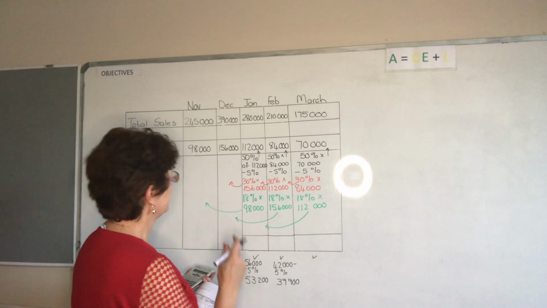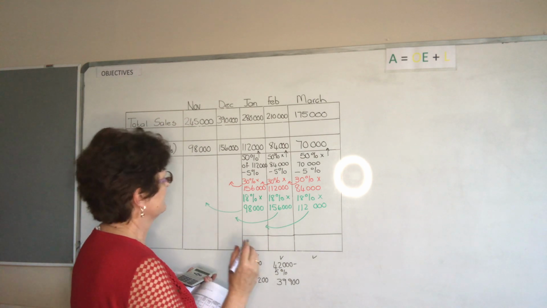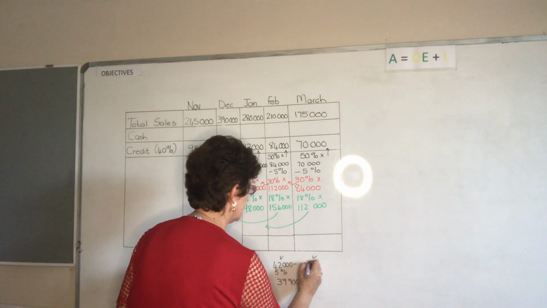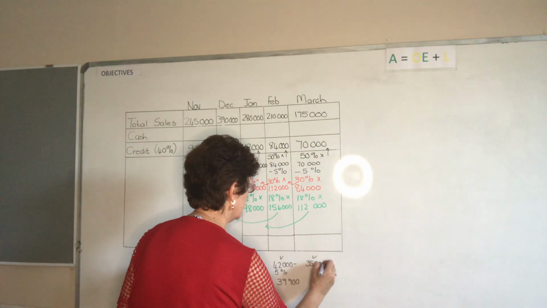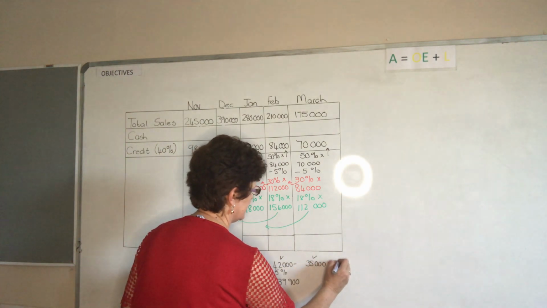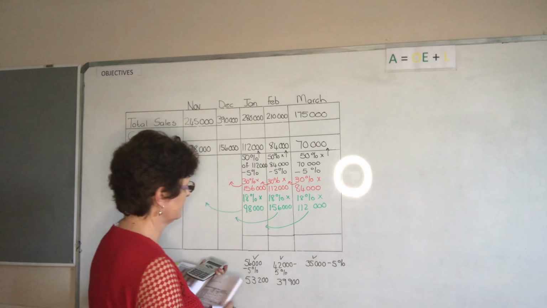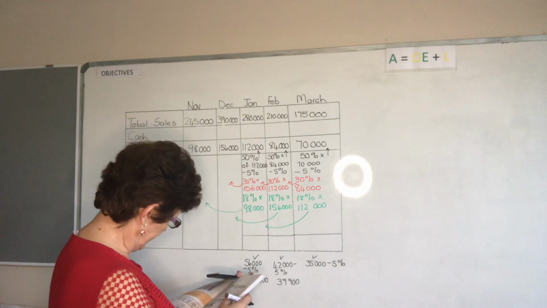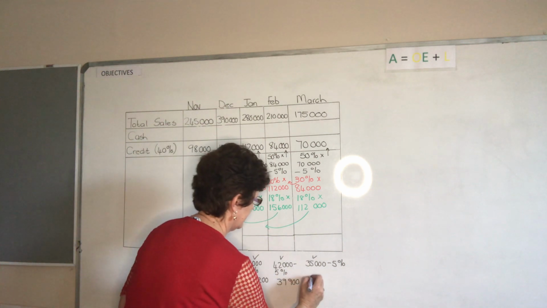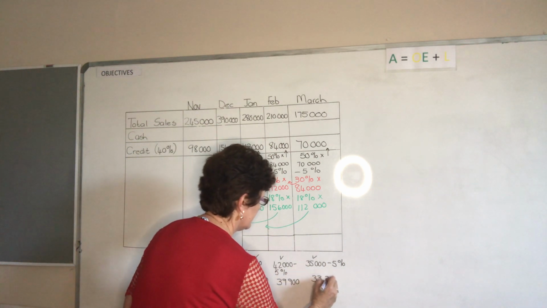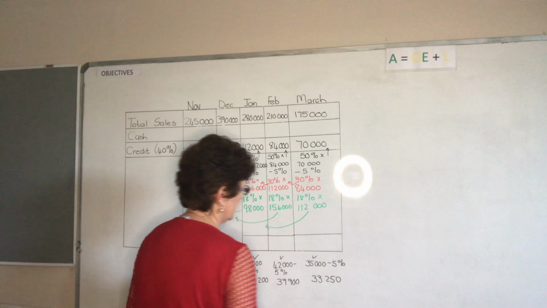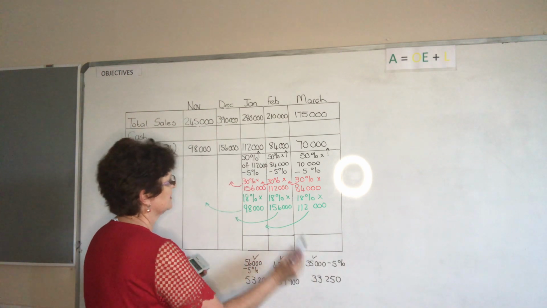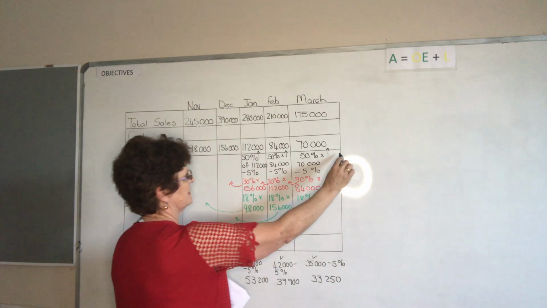Then we have the 50% of 70,000, which is 35,000, minus the 5% that they say they get discount for, and that gives me the answer of 33,250. So these are the answers to that first calculation there.